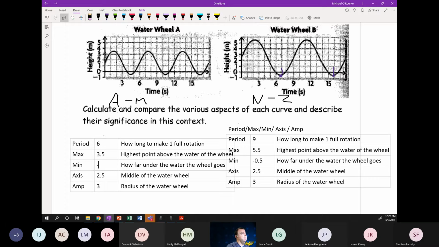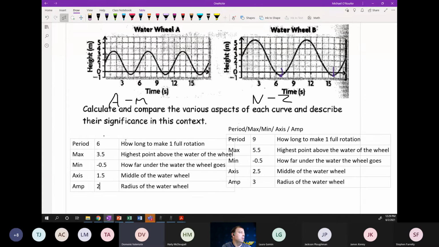My min is also 0.5. Axis would be 1.5, and my amplitude is 2. How are my answers? Did your answers match mine? Or does anyone need to walk through how I got those numbers? Everything matched except for my amp.